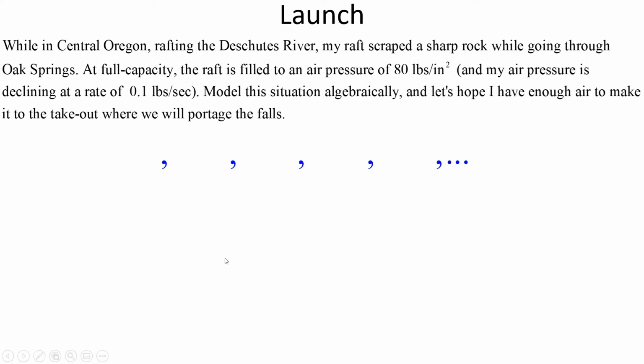Okay, so let's set up our sequence. How much air does the raft hold? What's the air pressure? 80 pounds per square inch. So let's start with an 80 right here, and that'd be in this instance my zero term. All right, and then the air pressure is declining at a rate of 1/10 of a pound every second.